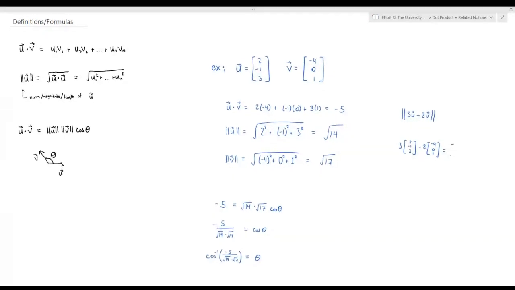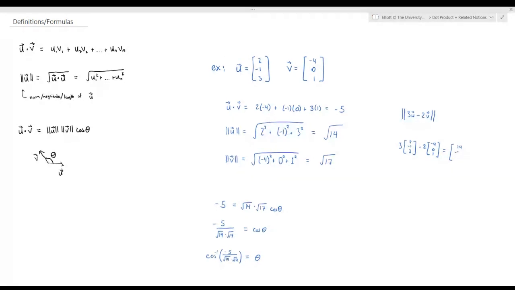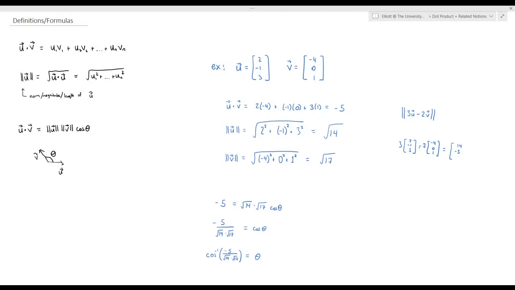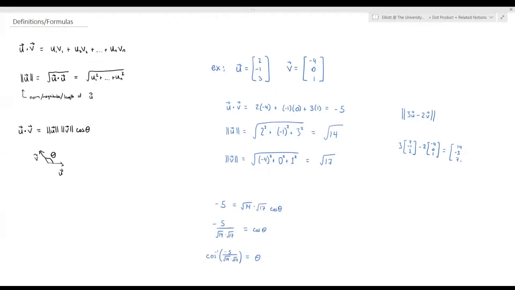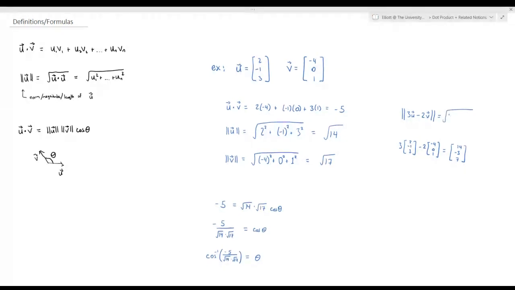If we calculate what this vector is, it looks like you'll get 6 plus 8 is 14. Negative 3 minus 0 is negative 3. 9 minus 2 will be 7. So the norm of 3u minus 2v would be the square root of 14 squared plus negative 3 squared plus 7 squared.